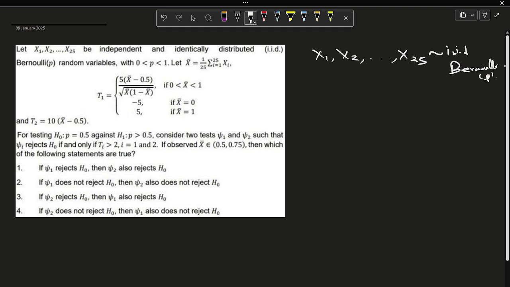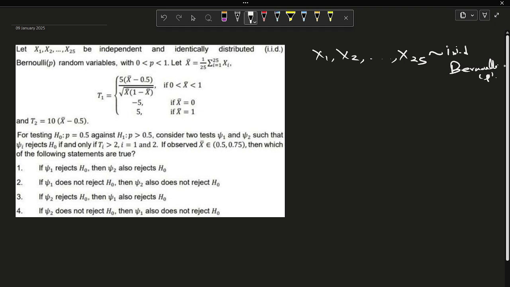And my sample mean is this, and the two test statistics are those. Two tests are also this. So now we are going to find the relationship between T1 and T2.